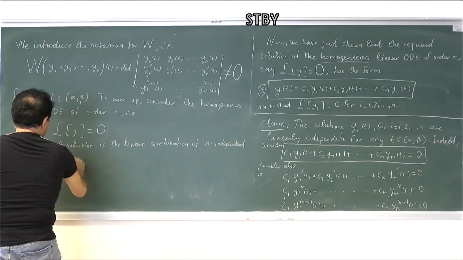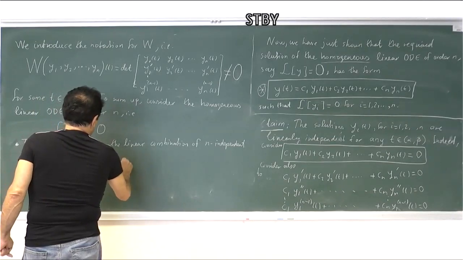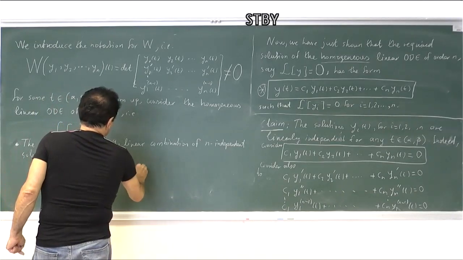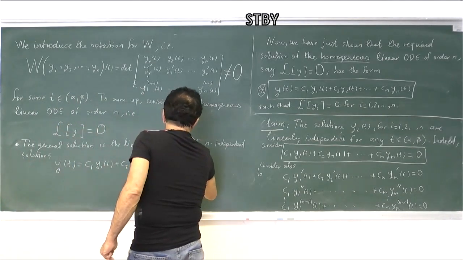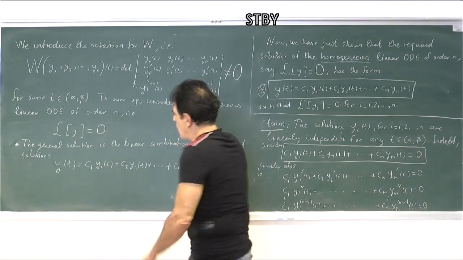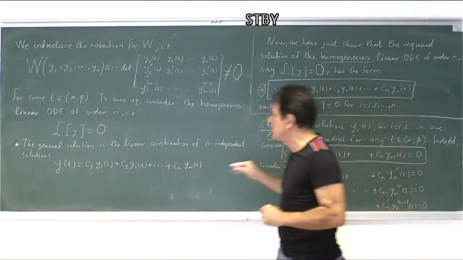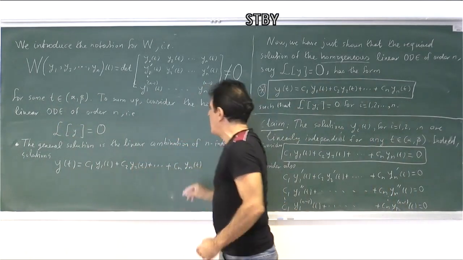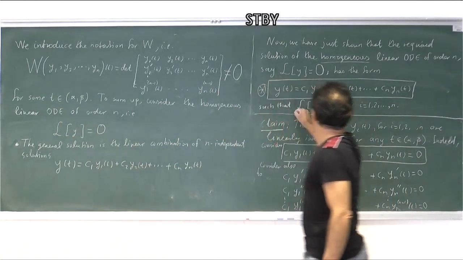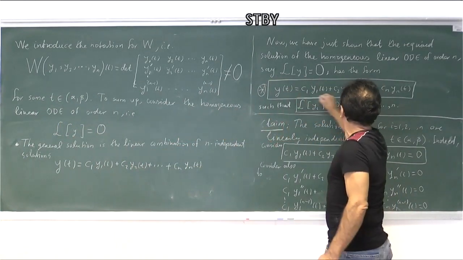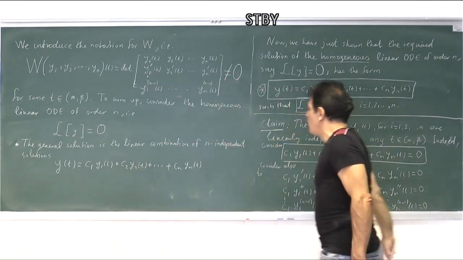So y of t is C1 y1 of t plus C2 y2 of t plus up to Cn yn of t, where C1, C2, Cn are arbitrary constants, and y1, y2, yn are linearly independent solutions, whose Wronskian determinant is non-zero for some t.